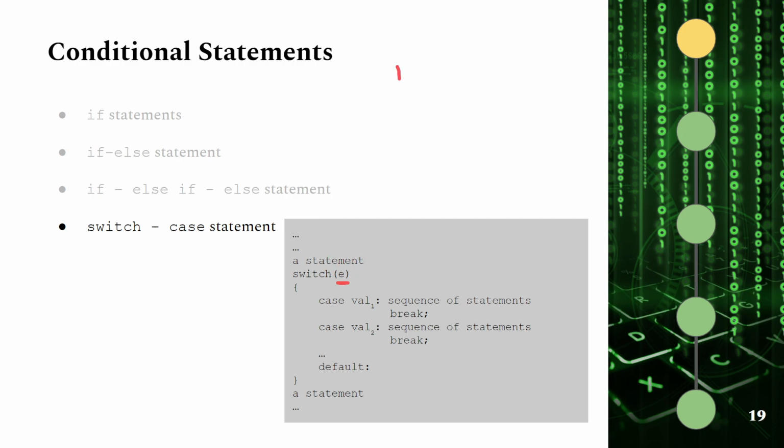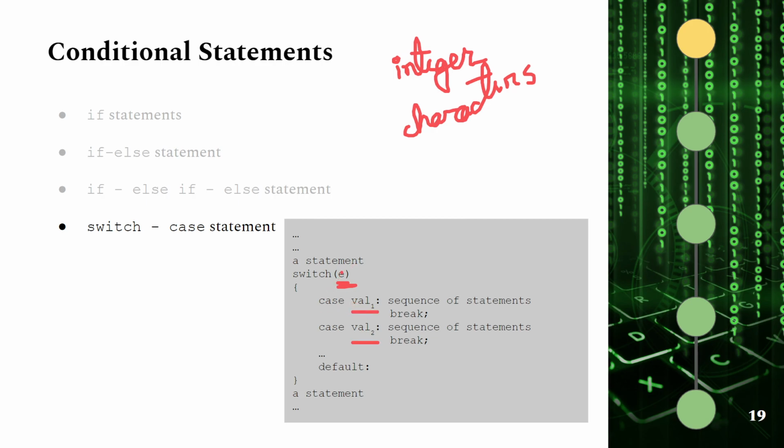Over here you can only provide, in C programming especially, an integer or a character. These are the only two acceptable entries for this part, and based on the value of this, you can write the value over here.